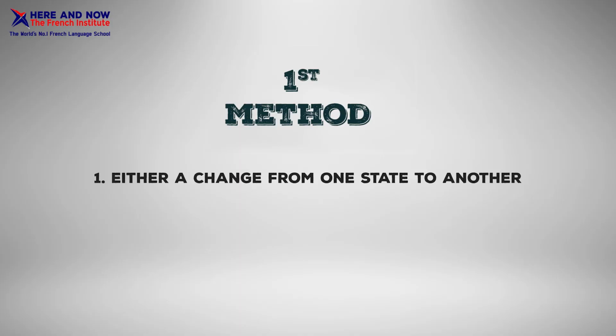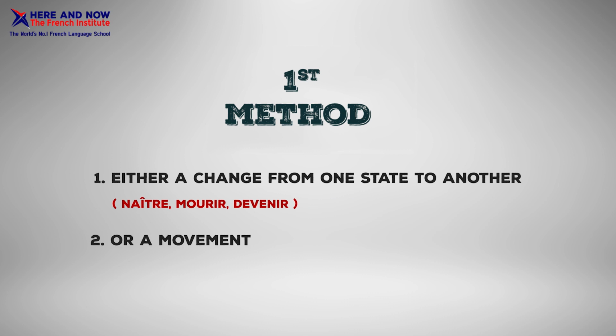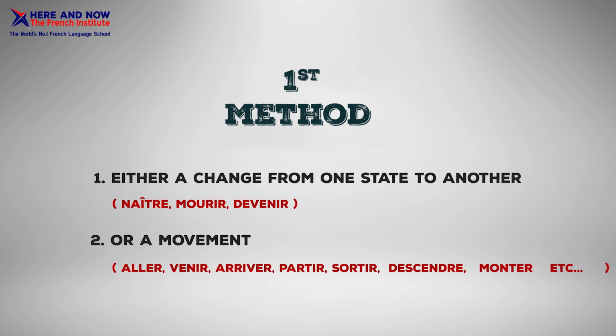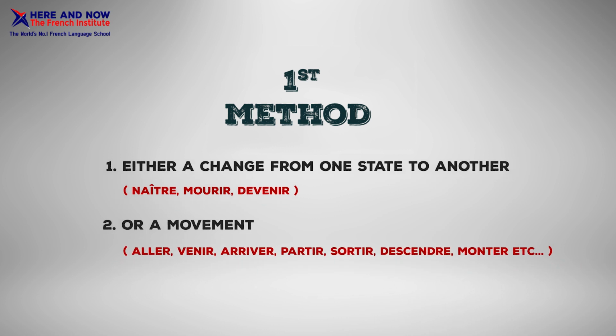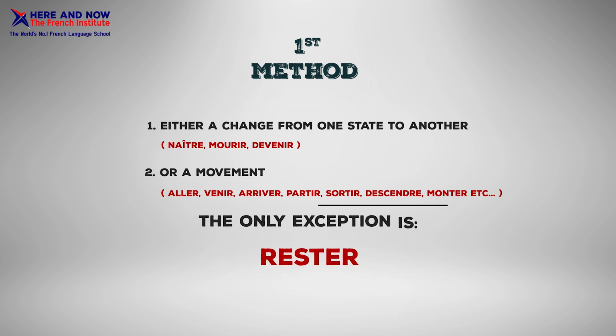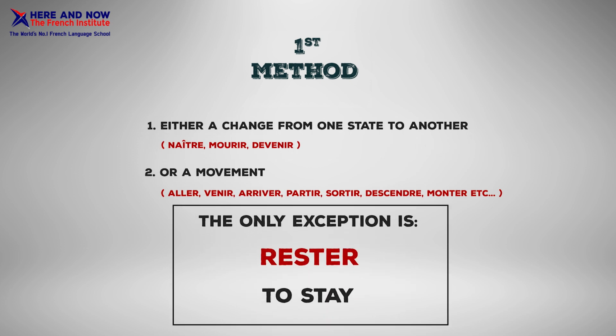Either the verbs denote a change in state, naître, mourir and devenir, or the second category would be the verbs which denote movement. Arriver, venir, partir, sortir, descendre, monter, etc. And the only exception is rester, to stay.